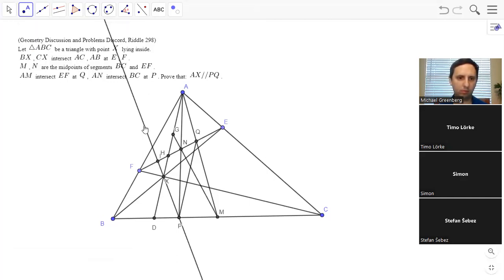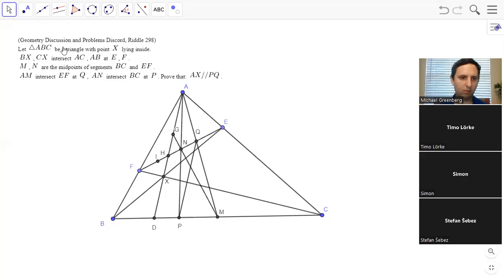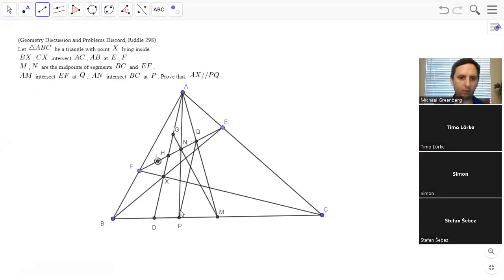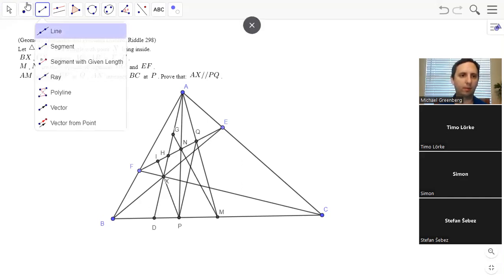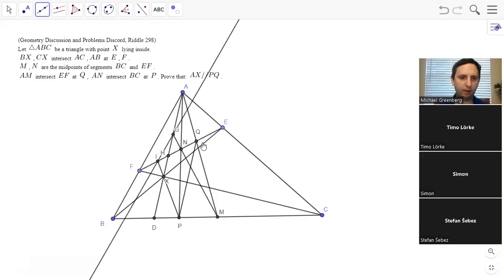Now the problem is equivalent to showing that GI and OX intersect on BC. GI and OX. Okay. What is By O? Two projections of points. QX. Oh, sorry. Okay. So we want to show GI and QX intersect on BC.